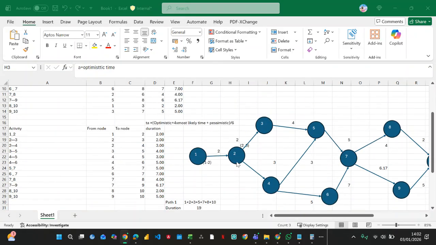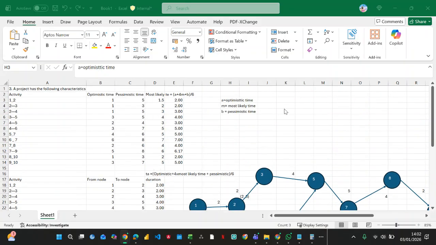Okay. Slack time in a project is not a wasted time, but an extra time that you can use. But in this particular question, we don't have slack time, because we connected it to all the activities.